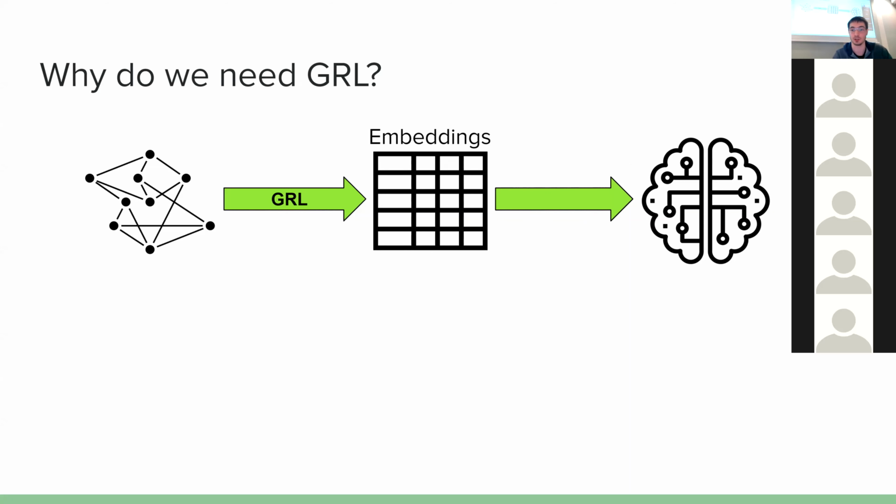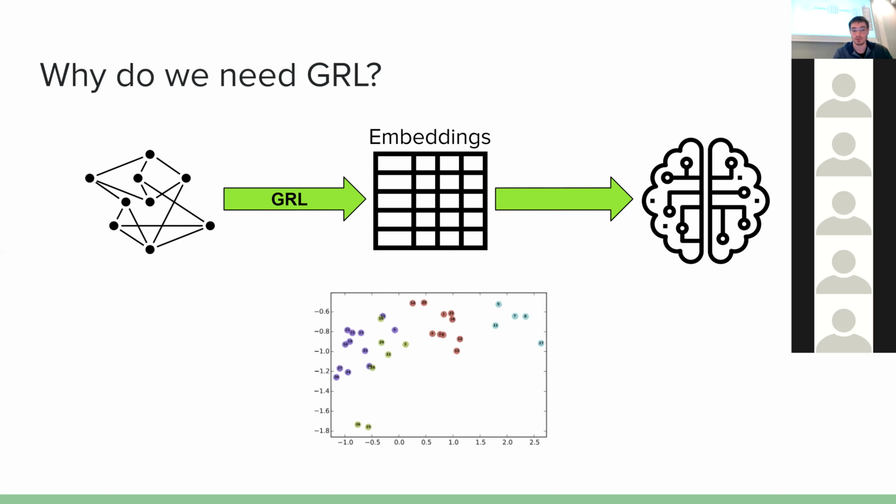And the property of graph representation learning is that these samples, these embeddings, we call them, let's say one per node, that we obtain from the graph, they include information about the relationship between the different elements in the graph, about the relationship between the different nodes, how they are connected, how much they are connected, how far away from each other they are. And so basically, graph representation learning allows us to encode all this information in each row, so that each row can then independently represent, for example, each node of the graph, and allow us to apply machine learning as we would normally do.